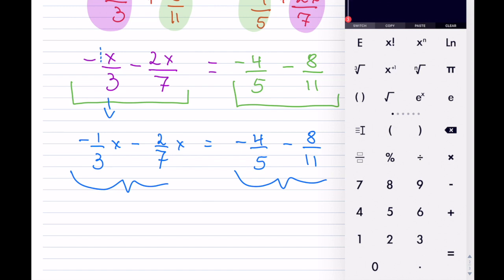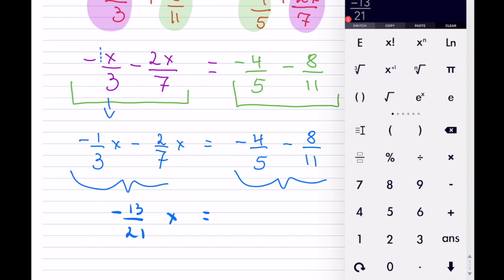So in this case, I'm going to input the fraction itself: negative 1 over 3, then minus 2 over 7. And now here I have negative 13 over 21, that's x, equals.